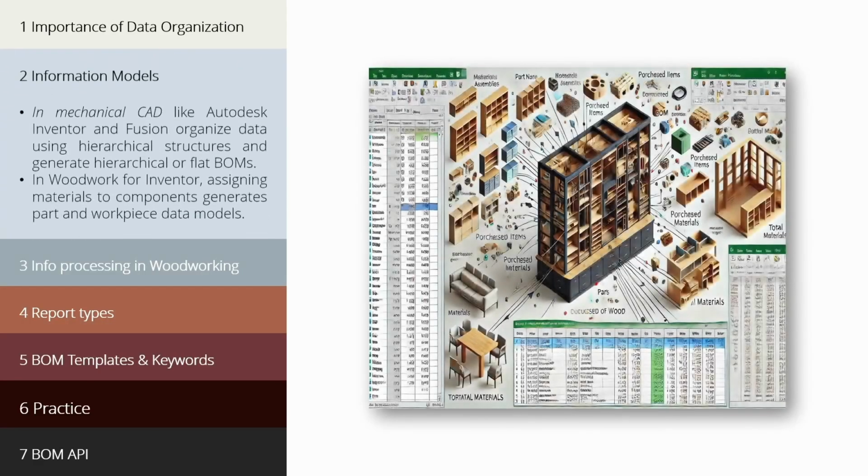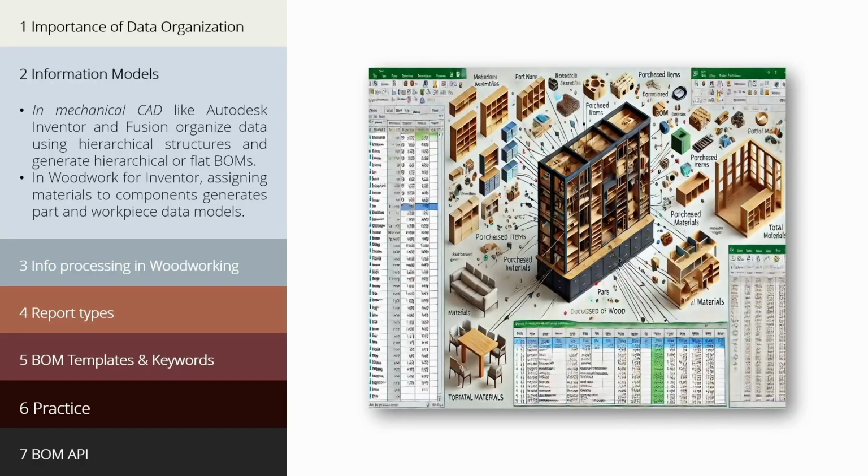Then we will see what informational model exists in different systems, like in mechanical CAD systems, like Autodesk Inventor, Fusion, etc. How the data in a hierarchical structure can help us to generate a bill of materials. And also we will see how it happens in Woodwork, how we can assign materials to components, how we can work with the parts and workpieces in order to get the data that we need for manufacturing.